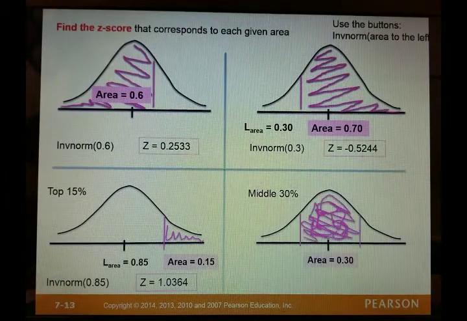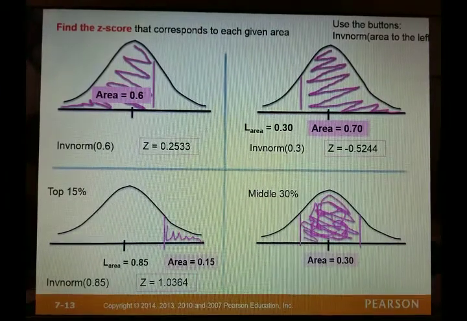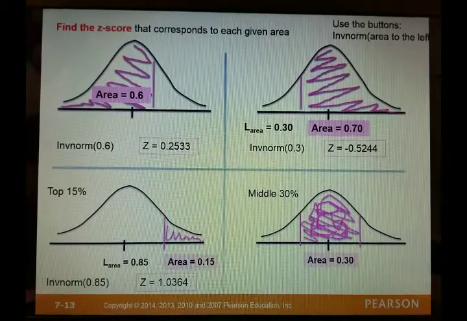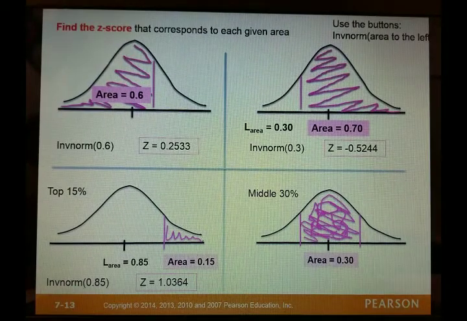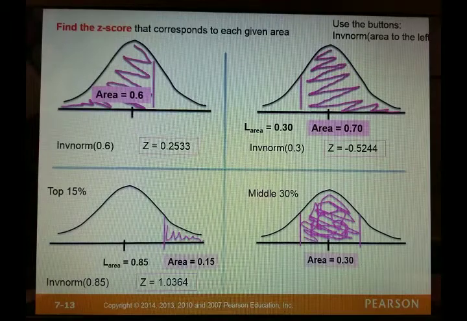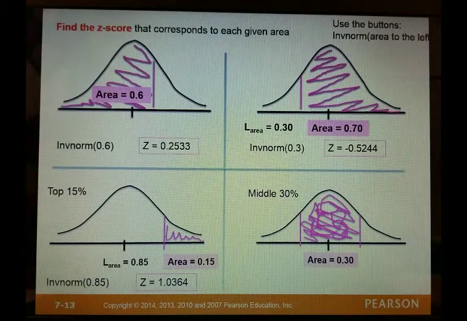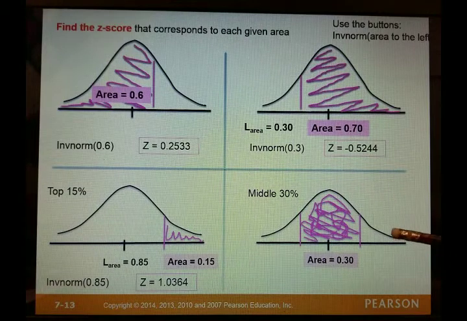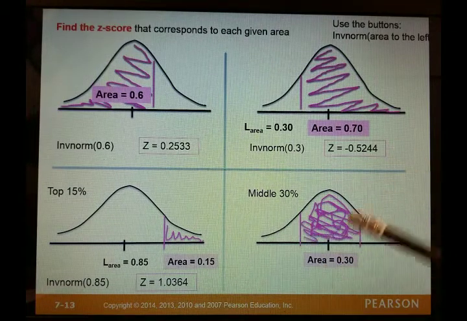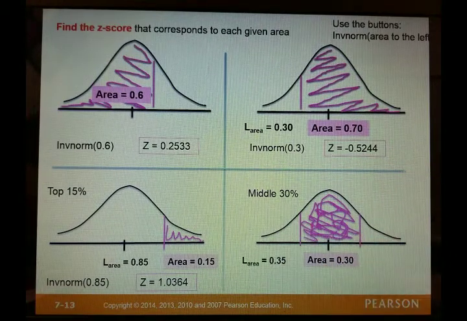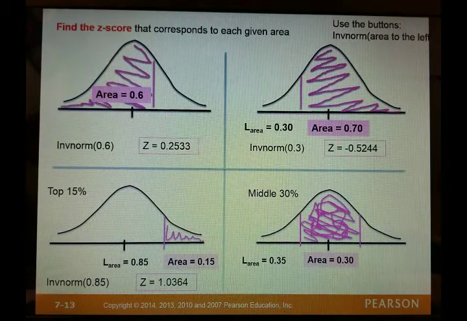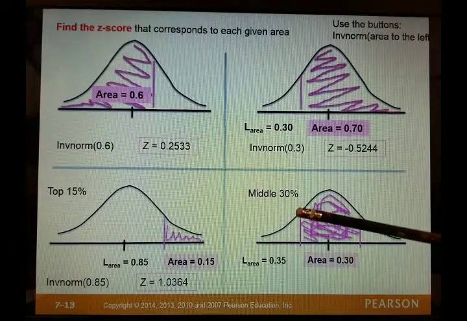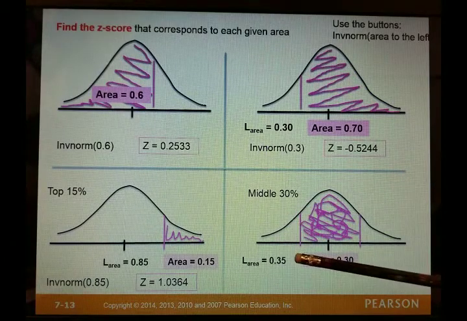If we're talking about the middle 30%, between these two, I should get two answers for my z-scores this time. If it's the middle 30%, the outside ends together have to add up to 70%. If I split the 70% in half between these two tails, 70 divided by 2, each of those areas would be 35%. Remember, to get a z-score, I have to do the inverse norm of the left area, so the inverse norm of 35% to get that z.